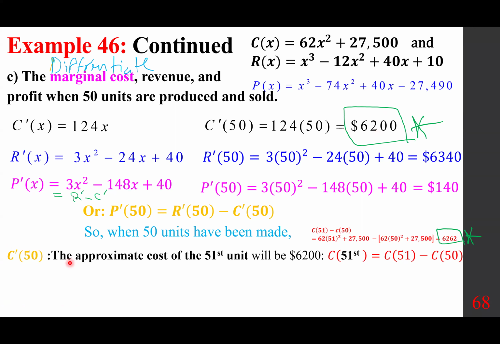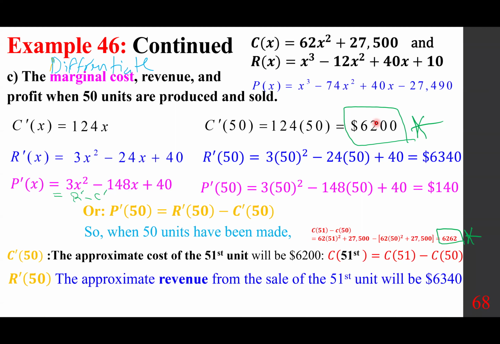Okay. So the approximate cost of the 51st unit will be $6,200. That's the meaning of the marginal cost, everybody. And that is extremely important. Same thing for the revenue, same thing for the profit.